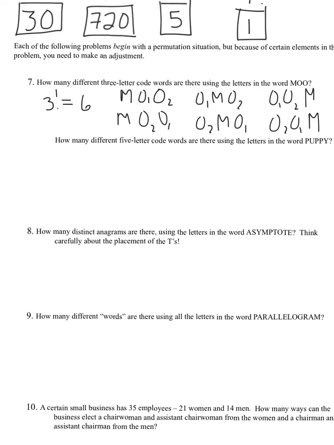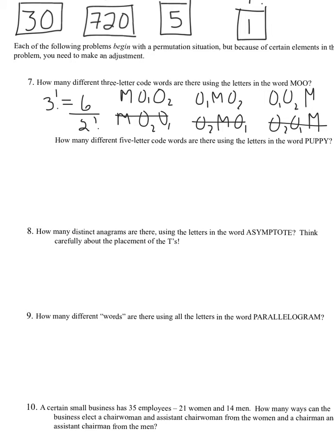They're identical. And so what I really want to do is, I notice that I can get rid of that, I can get rid of that, I can get rid of that. So I really have 3 choices. And what I'm going to do is I'm going to take the number of possibilities if they were distinct, and I'm going to divide by 2 factorial, because I have 2 O's that are repeated. So in any situation, there are 2 factorial ways for me to reproduce those 2 O's.